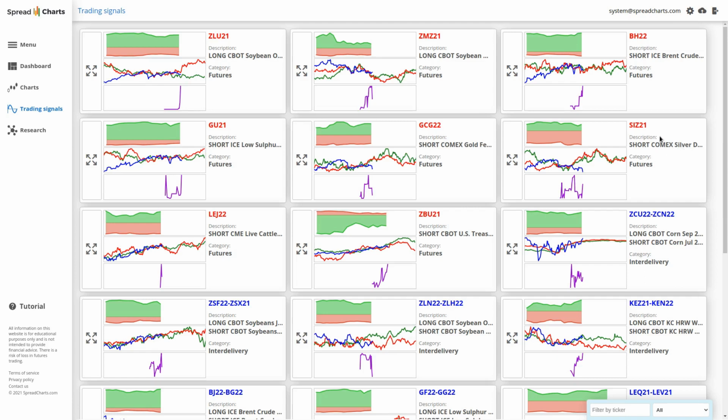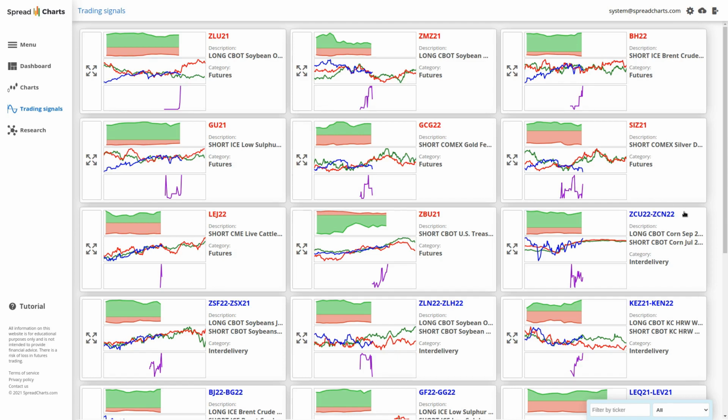And there's also the direction of the signal, which is critical for outright futures, because when the signal is long, that means the model expects the price of the underlying commodity to move higher over the medium term. On the other hand, when the signal is short, that means the model expects, or probably expects, that the price of that commodity will move down in the medium term.